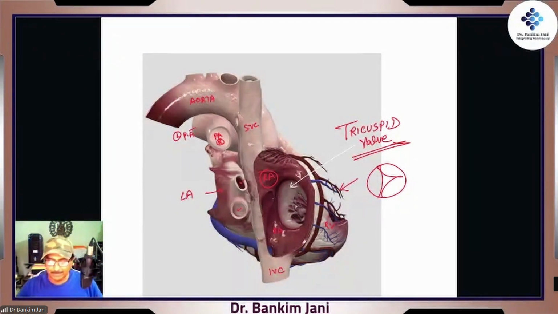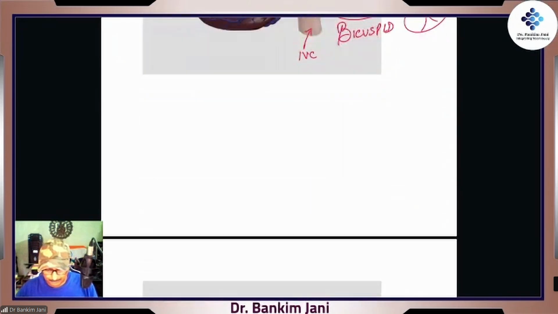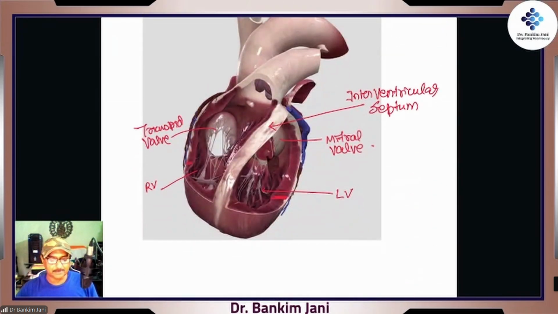From this side, let's see. Here it is, right? Now it is clear. So this is the right atrium. This is the right ventricle, left ventricle, tricuspid valve, mitral valve, and the interventricular septum.